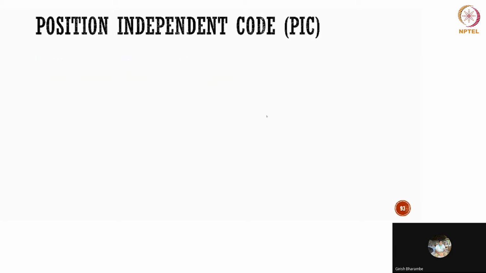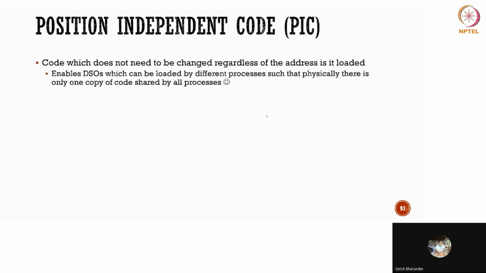So the solution to this is something called position independent code. Can we generate code in a way that no matter where it's loaded, it is always the same? If we can achieve this, so the code is independent of the address where it starts, then we should be able to share it.